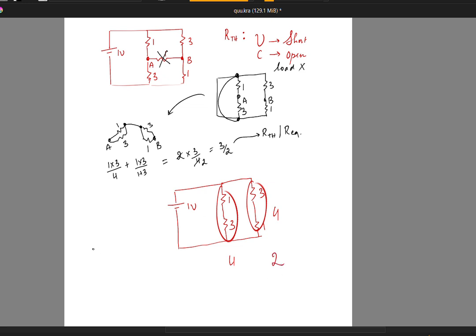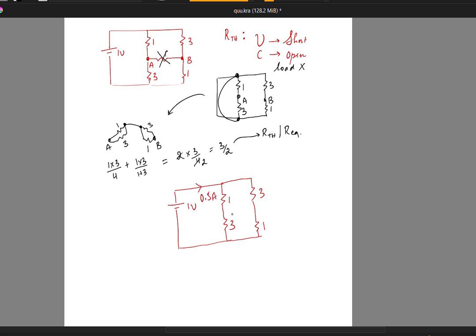And obviously, current is equal to V by R, right? So our V is going to be 1 and R is going to be 2. So the equivalent current which is passing through this entire circuit is going to be 0.5 amps.